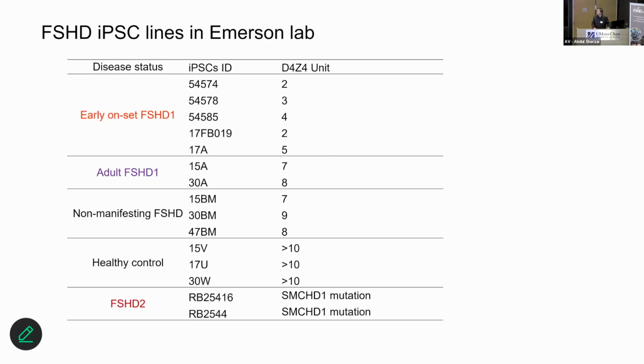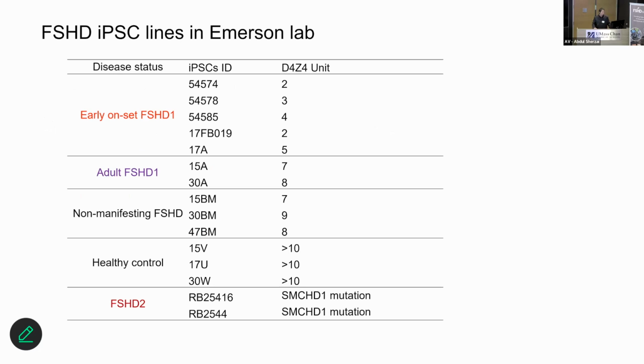Here in Emerson Lab, we have generated a series of FSHD iPS lines, including 5 early onset FSHD iPS lines. These 5 lines have shorter D4Z4 repeats, from 2 to 5, and 2 adult iPS lines with longer repeats, 7 and 8.